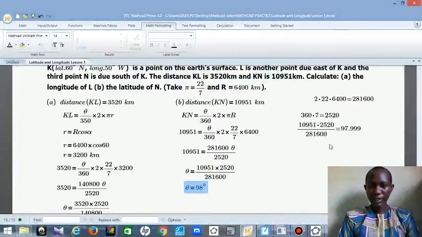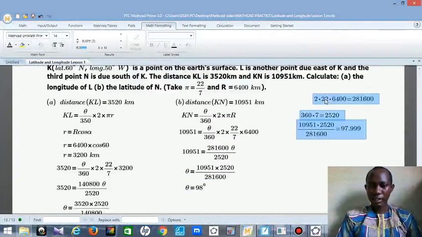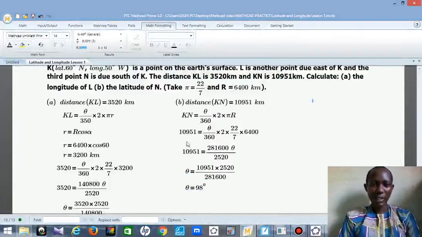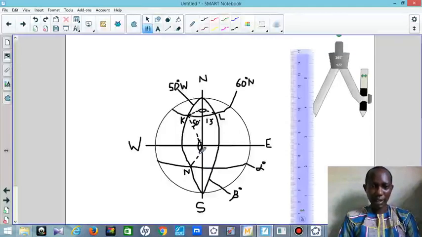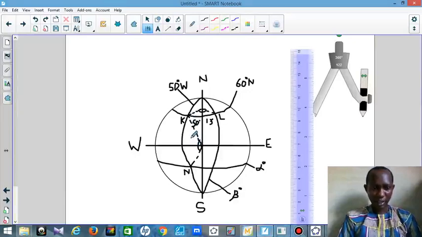Okay, now that theta is 98 degrees, let's check. This is where we need to know if the point N is on the north side or on the south side. So the angle between them, we got 98 degrees. Let's look at our diagram. From the 0 line to K, the angle is 60 degrees, which forms this latitude of 60 degrees.